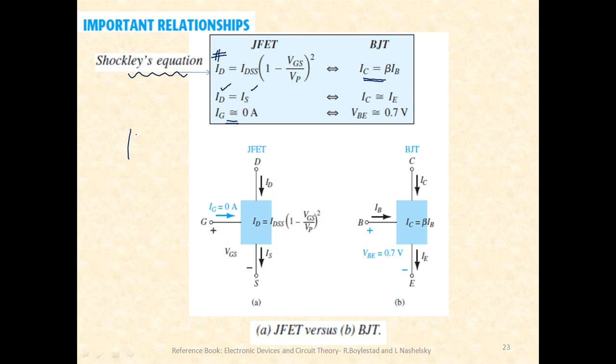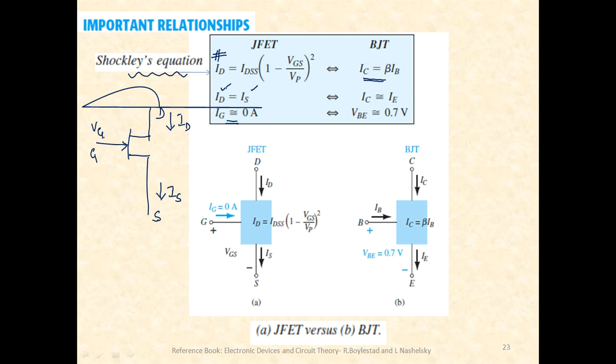So I think we'll have to focus on this point now, considering the symbol of a JFET: gate, drain and the source. VG, and this will be ID, and this is IS.